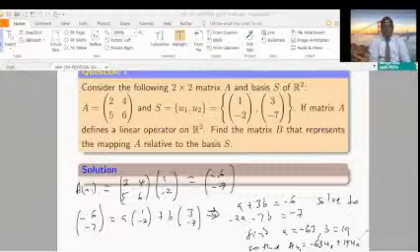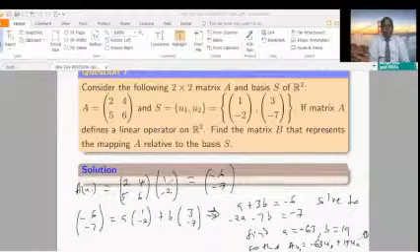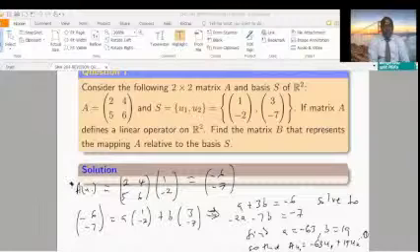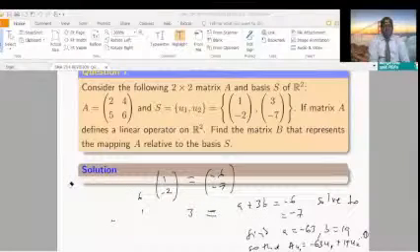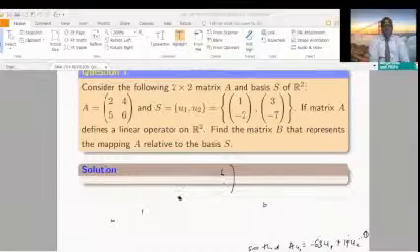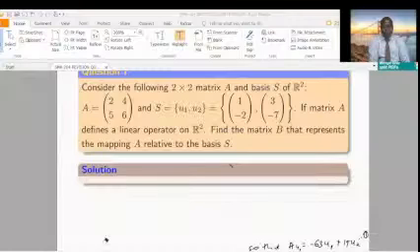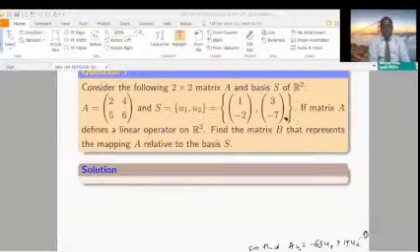That is our equation 1. Let me create some space. So you have equation 1 there. We need to find equation 2, and then we write the matrix representation B.